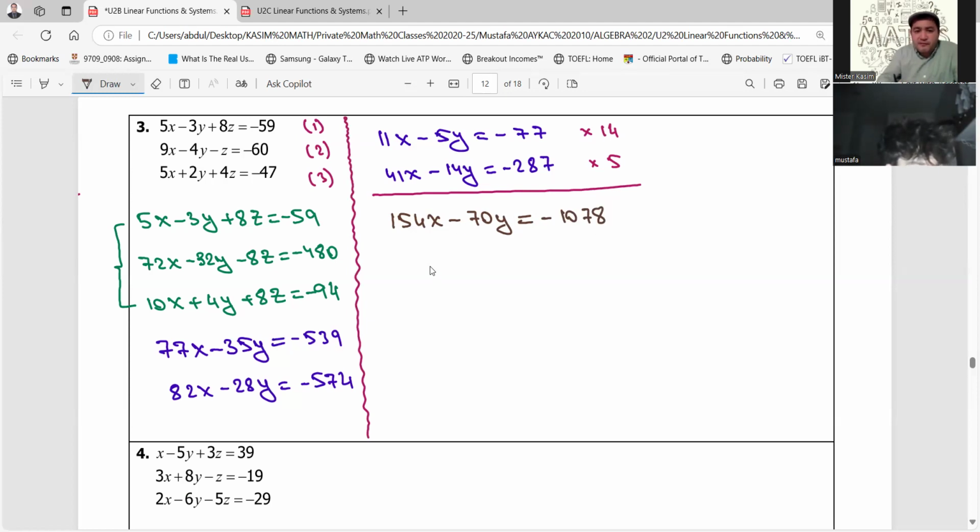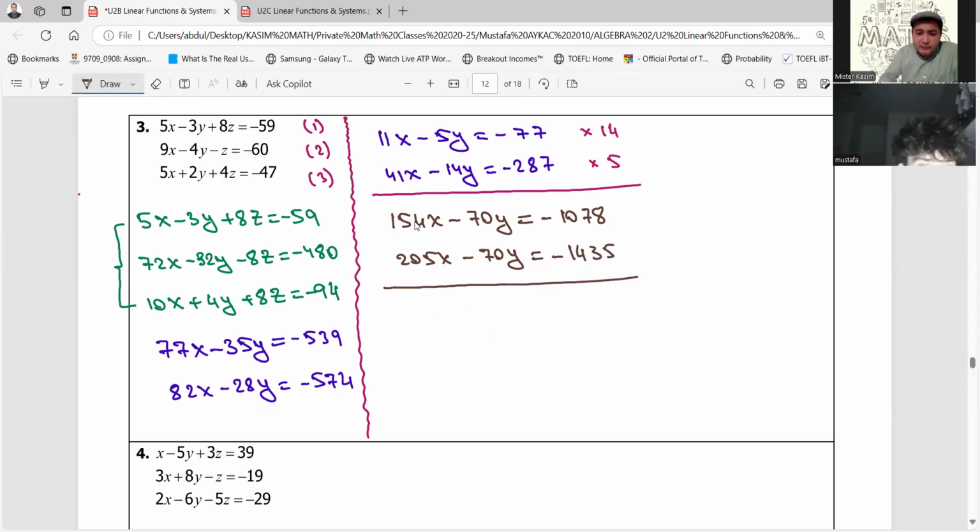The second one by 5: 205x, minus 70y, and 1435. Now we need to subtract.